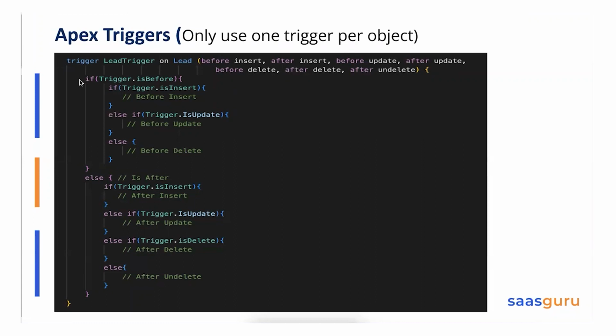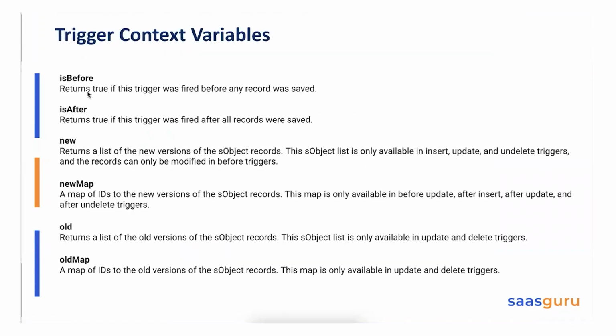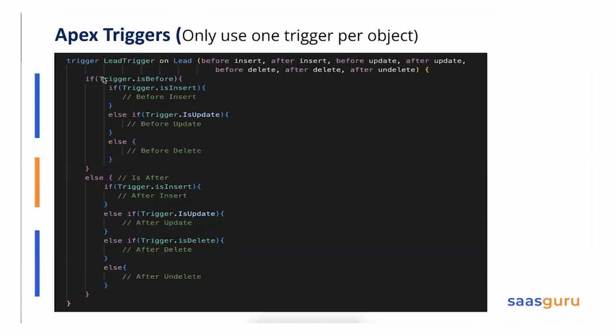I wrote if trigger.isBefore, which returns true if this trigger was fired before any record was saved. So this is my before, and inside that I have used trigger.isInsert, and combining those, isBefore and isInsert means before insert.